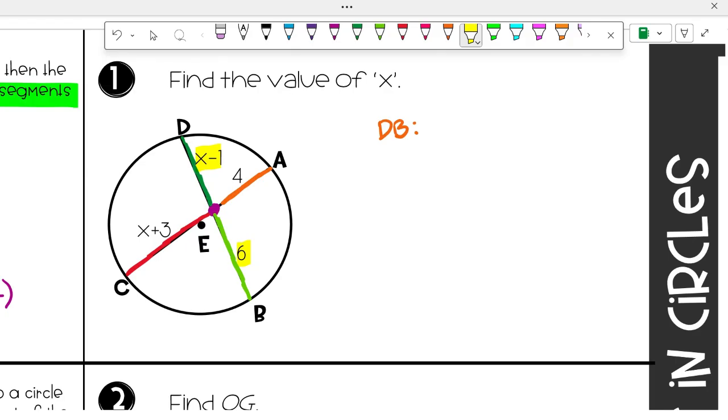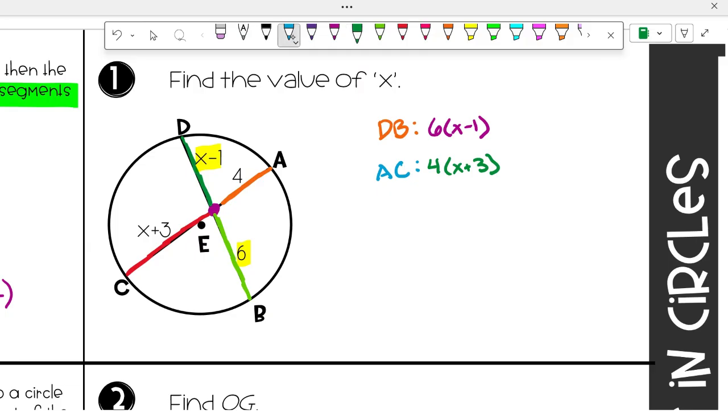So what does product mean? Well, product specifically deals with what operation? Multiplication. So how would I write that in terms of multiplication? X minus 1 times 6 or 6 times x minus 1. Then for AC, how would I write an expression to represent the product of AC? 4 times x plus 3.